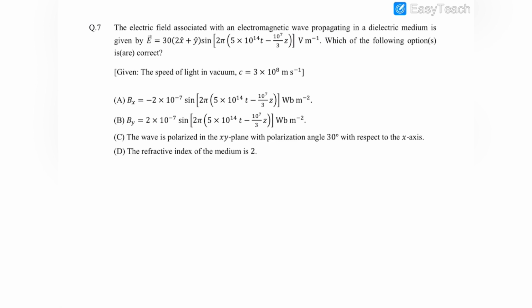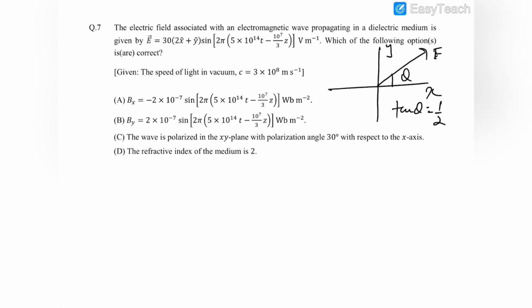First of all, you can see that the electric field is in this plane. So let us draw the electric field. This is x and this is y. So the electric field is like that, and this angle is theta, where tan theta is 1 by 2.